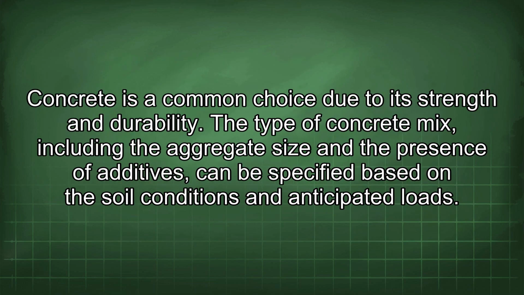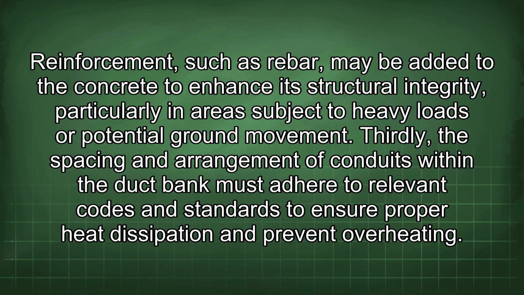Concrete is a common choice due to its strength and durability. The type of concrete mix, including the aggregate size and the presence of additives, can be specified based on the soil conditions and anticipated loads. Reinforcement, such as rebar, may be added to the concrete to enhance its structural integrity, particularly in areas subject to heavy loads or potential ground movement.